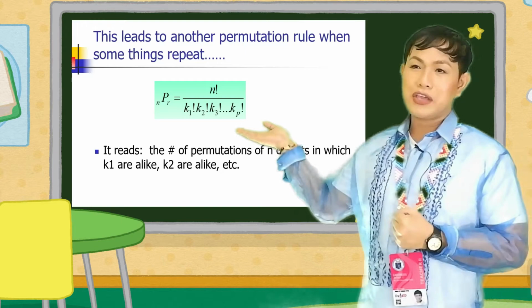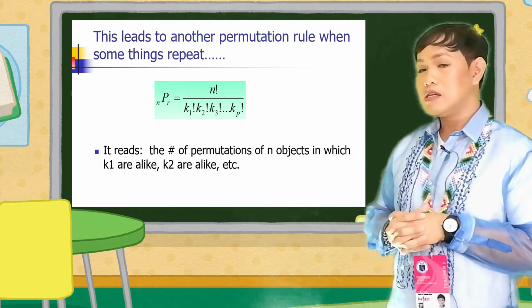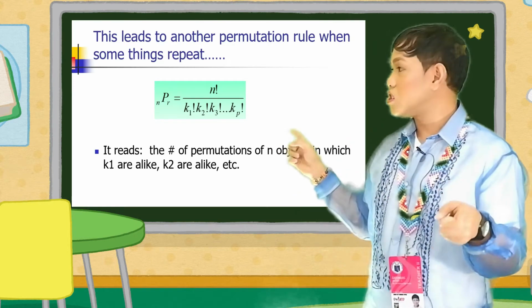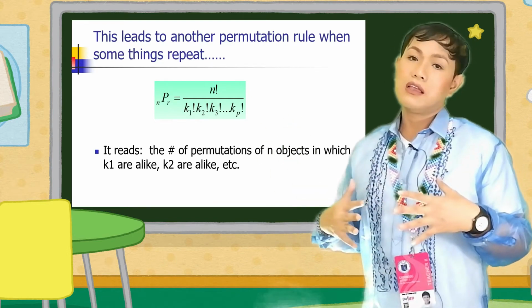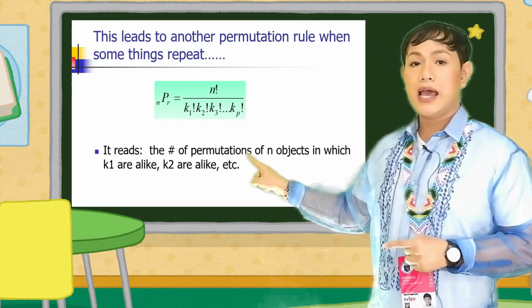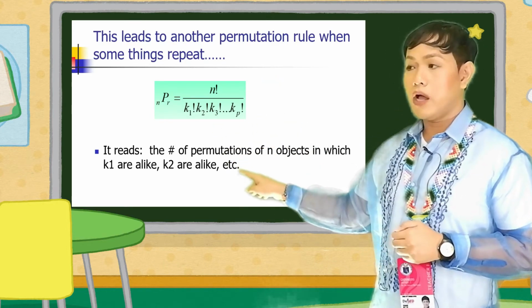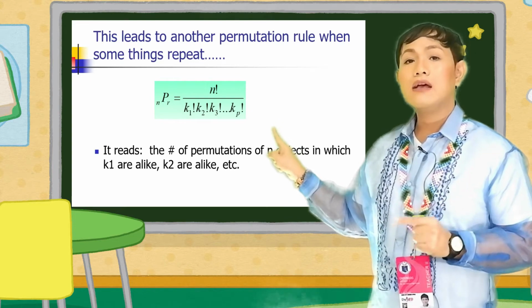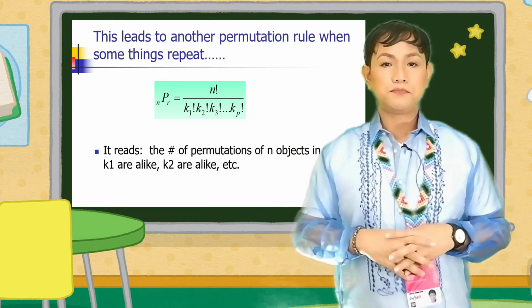So, on your screen, you get to have a seemingly complicated formula or rule, but it actually is just going to be read as the number of permutations of n objects in which k1 are alike, k2 are alike, etc. Or you can have it in your mind as simply the permutations of n objects taken r at a time is equal to n factorial all over k sub 1 factorial times k sub 2 factorial times k sub 3 factorial, and so on up to k sub p factorial.